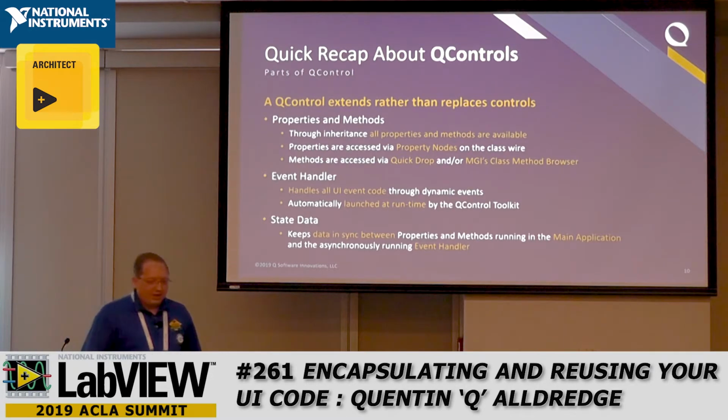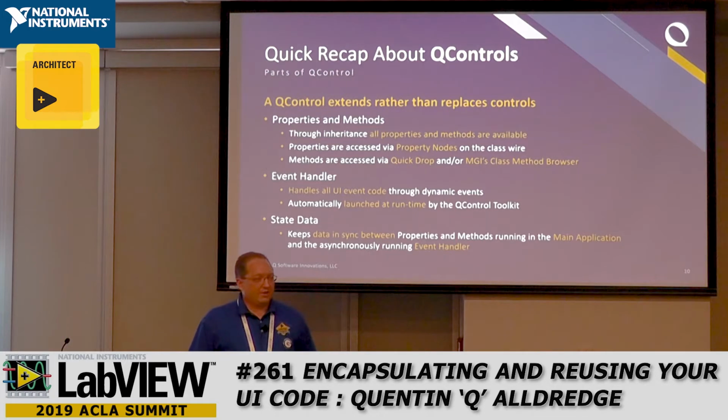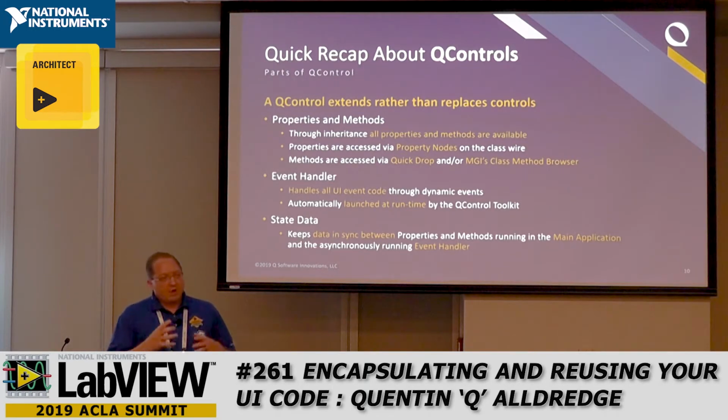So like I said, Q Controls extend rather than replace like X Controls do. So you can get all of the properties and methods of the VI server. All of those properties and methods that are implemented in the VI server are overridable.